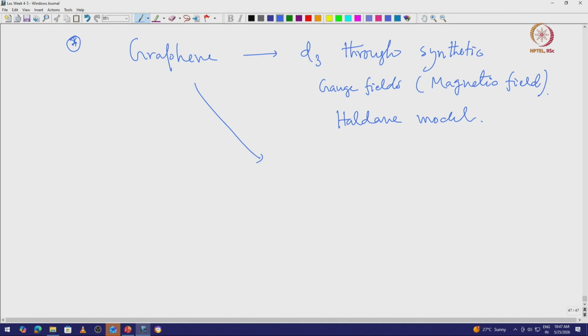So, graphene with spin orbit coupling was done by Charles Kane and Eugene Mele, called the Kane-Mele model, where 2 sublattices plus 2 spins gave us a 4×4 Hamiltonian.